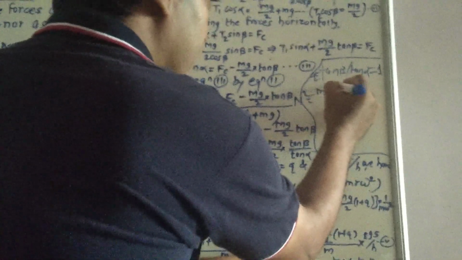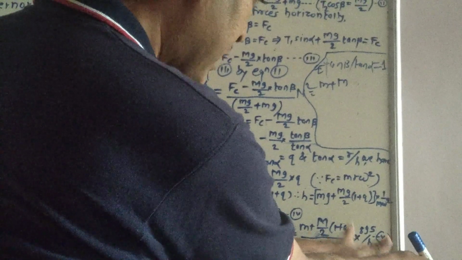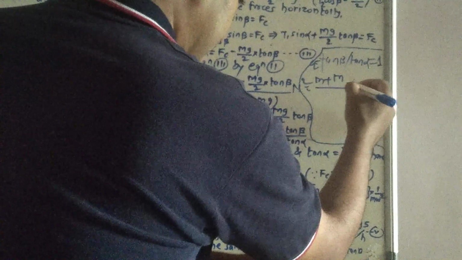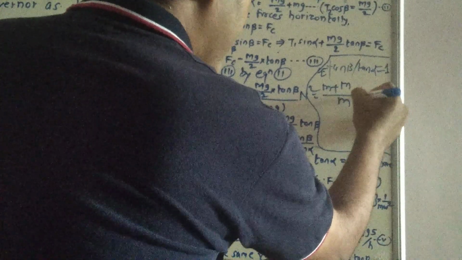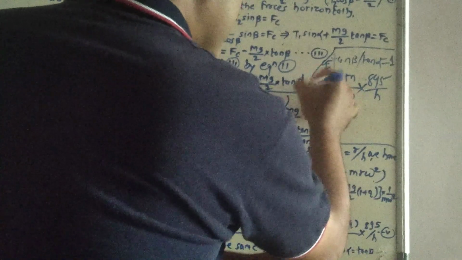So if I substitute the value of Q equals to 1 into this equation, then we get n square equals to small m by 2 into 1 plus 1, means here 2 gets cancelled, capital M by small m multiplied by 895 divided by H.